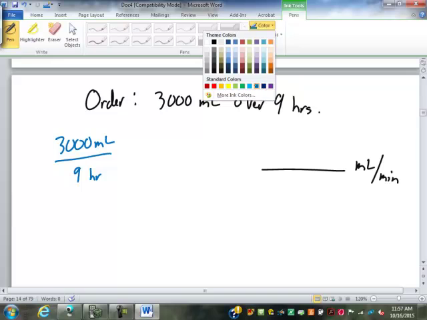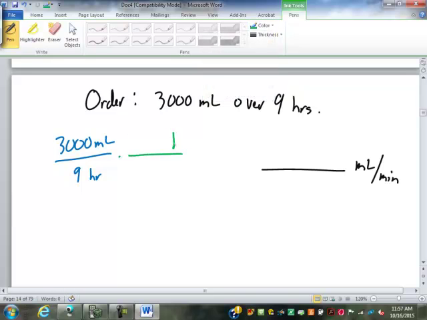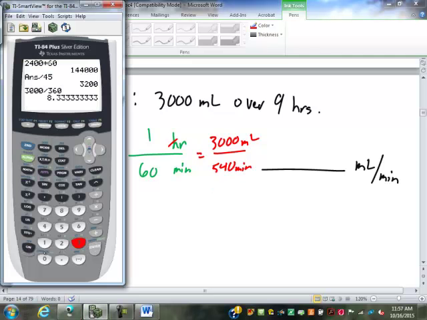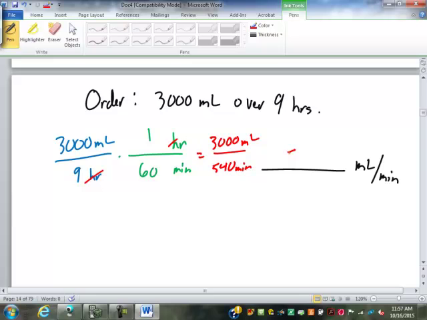We have to do the conversion. 1 hour is 60 minutes. So the hours are gone. This is now 3,000 milliliters over 9 times 60 is 540 minutes. So 3,000 divided by 540 is 5.55. So 5.56 milliliters per minute.